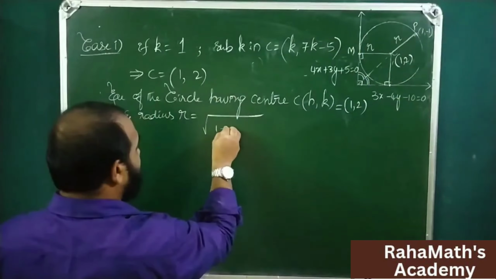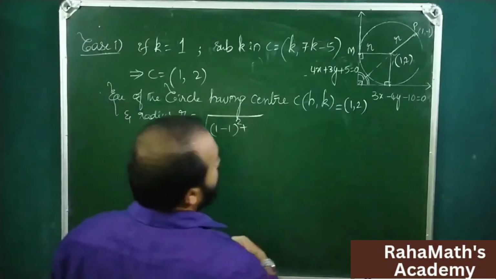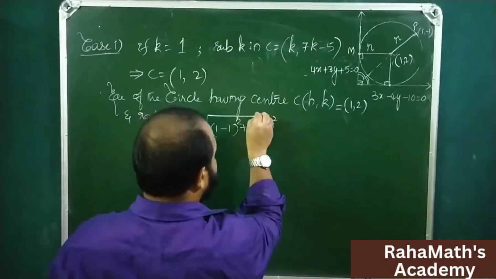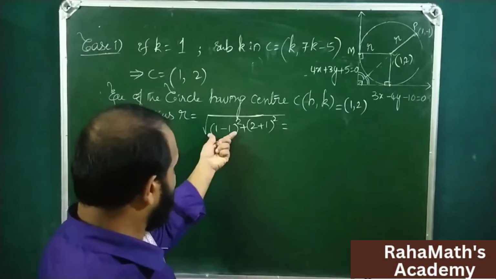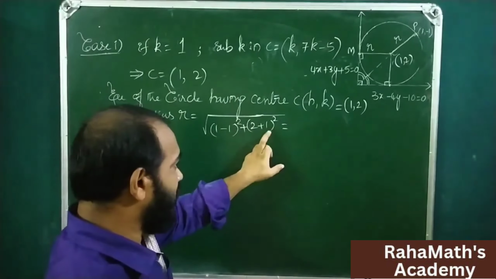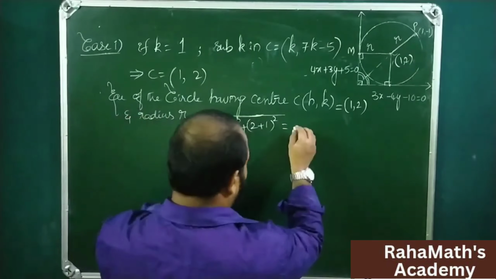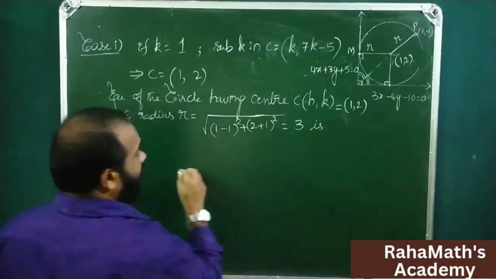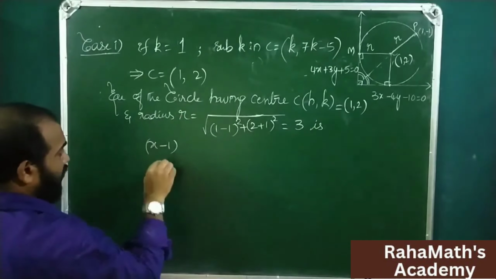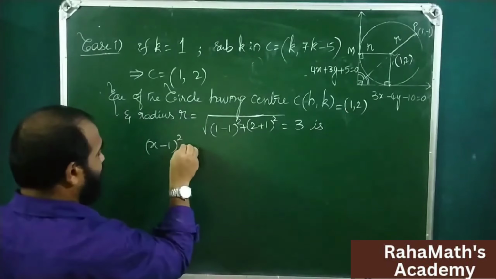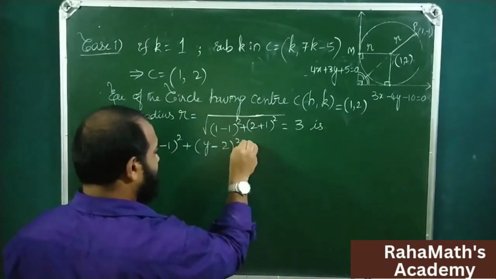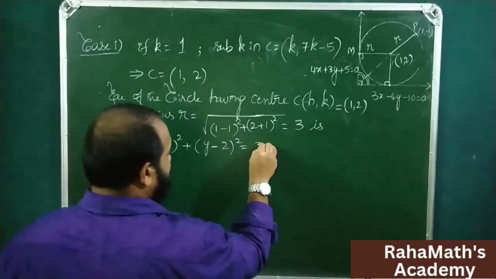So 1 minus 1 whole square plus 2 minus of minus 2 plus 1 whole square, this is 0, 2 plus 1 whole square, 3 square, 9 under root, so 3. x minus h whole square, 1 whole square, plus y minus 2 whole square equals 3 square.